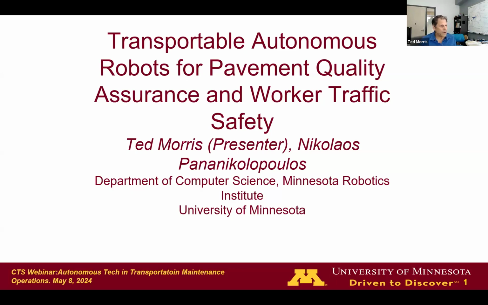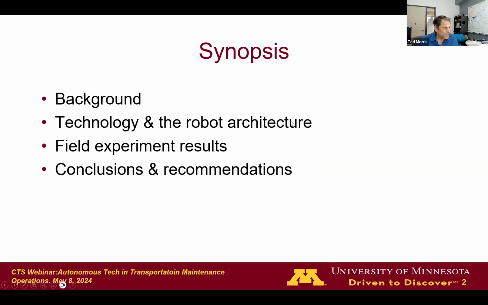Today I'm going to talk about our transportable autonomous robots for assessing pavement quality assurance and worker traffic safety. Just a quick synopsis: I'll talk a little bit about the background to give some context of why this was viewed as an important effort to accomplish and work on.